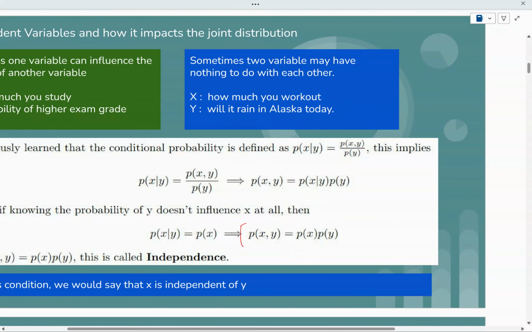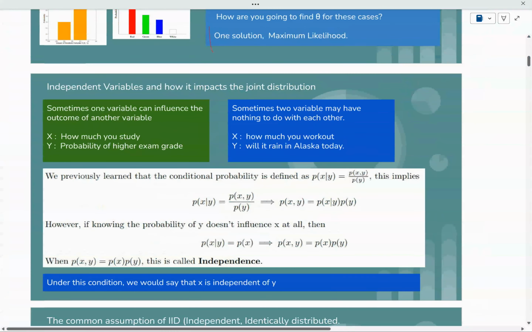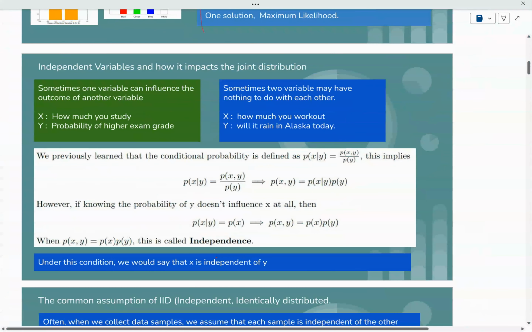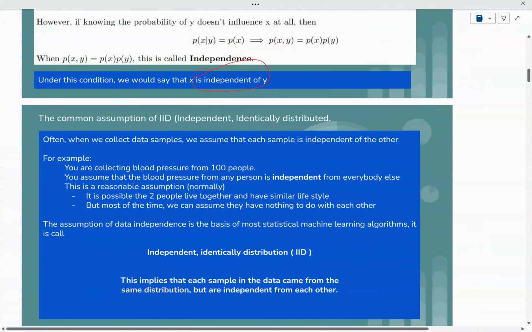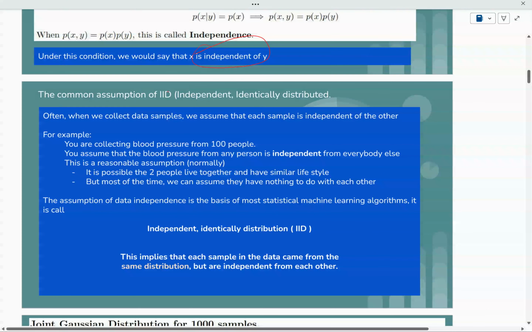Therefore, when the joint is equal to the product of the two individuals, that implies that you have two variables that are independent of each other. The reason why the idea of independence is important is because when we collect data, we've also previously talked about this, we really want to assume that the data is independent and identically distributed.